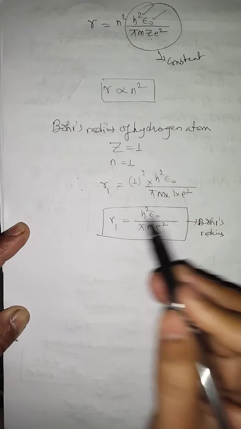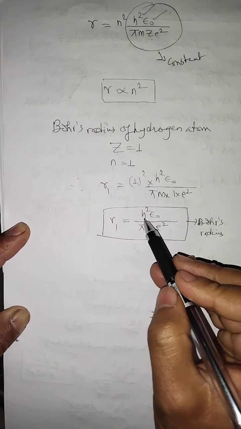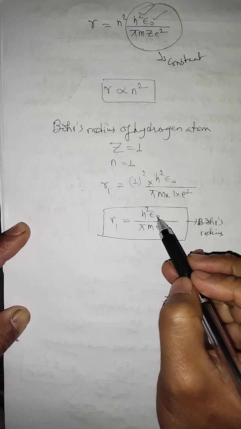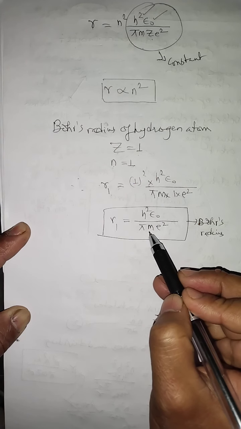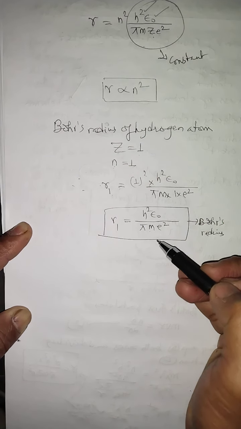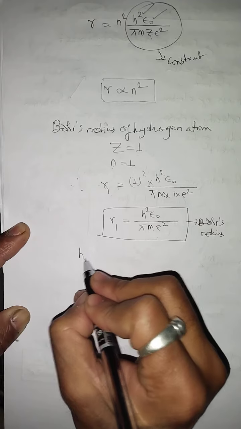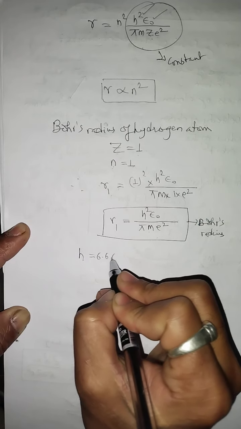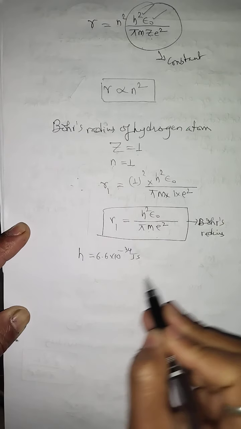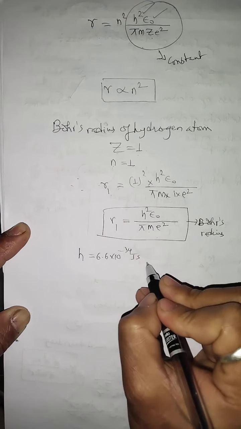But in the expression on the right hand side, children, if you see, all quantities are known. h is Planck's constant, which is known. Epsilon naught is also known. m is the mass of the electron, that is also known, and e is the charge of the electron, that is also known. So if you substitute the values, h is usually 6.6 into 10 to the minus 34 joule second, that you learn in the chapter called photoelectric effect.